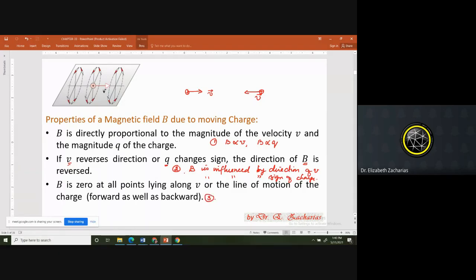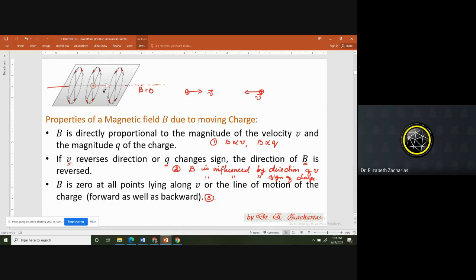The third thing you're noticing is that I have some Gauss meter, which I presume can measure this field. Now, say I have my charged particle which is moving in a straight line like this. If I put my Gauss meter anywhere on this line, either behind or in front, anywhere along the motion of the charged particle, we are finding that the magnetic field is 0.